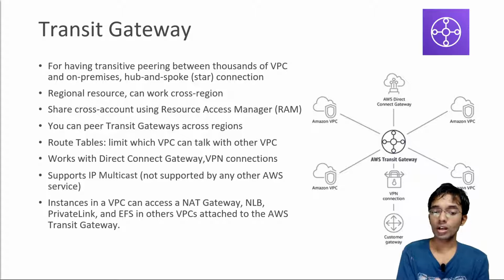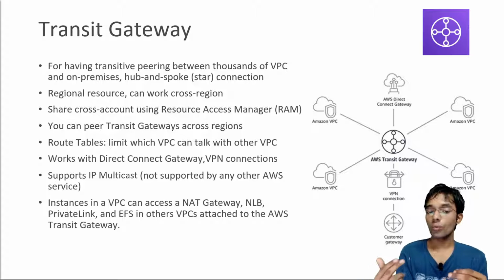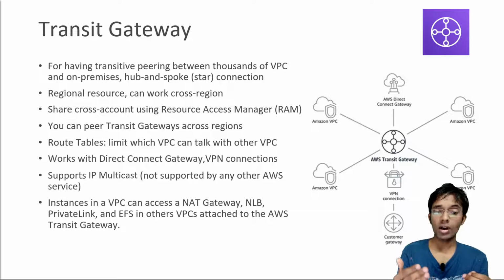So if your architecture and your application rely on IP multicast, then you have to use a transit gateway. So what does the transit gateway give us? Well, instances in a VPC can access any other NAT gateway, network load balancer, PrivateLink, or Elastic File System in other VPCs attached to the transit gateway.